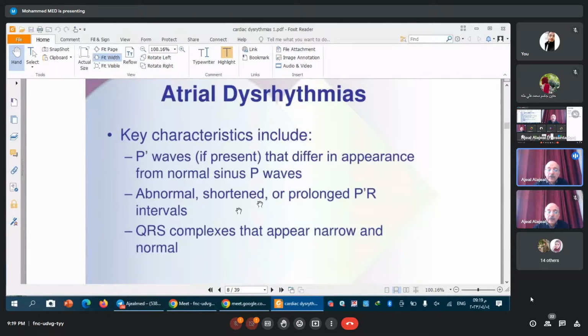If there are multiple loci, then you will have a different P wave and different PR intervals. The QRS complex will appear narrow with most atrial dysrhythmias.